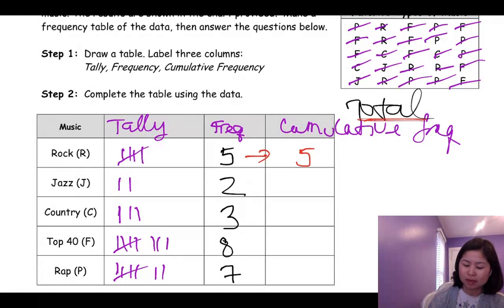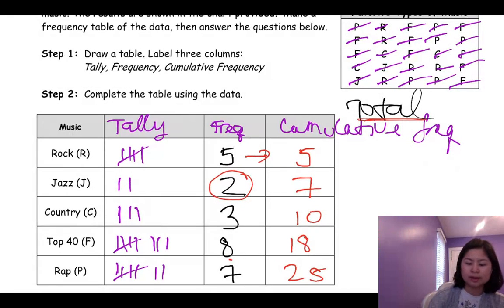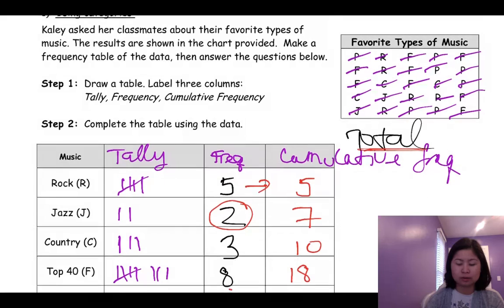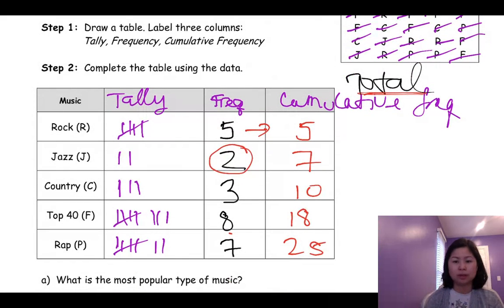I take this 5 plus my next frequency, which gives me 7. I keep adding: 7 plus 3 is 10, 10 plus 8 is 18, and then 25. That's the difference between frequency and cumulative frequency: I'm adding the next frequency to the previous column to get my total. Any questions so far?